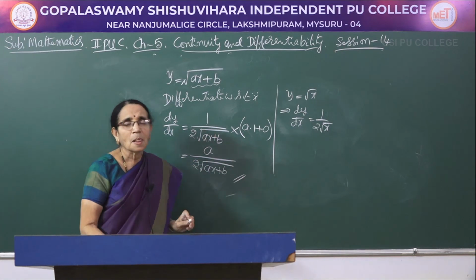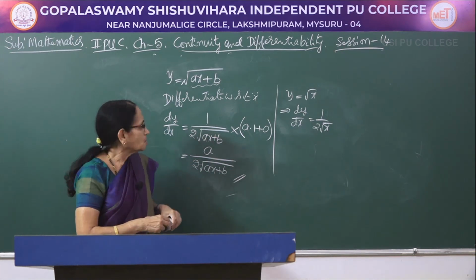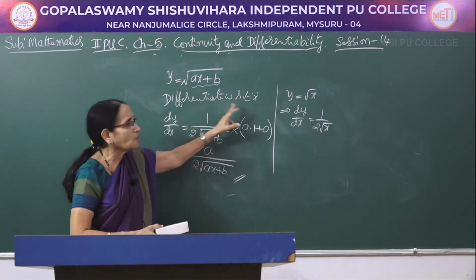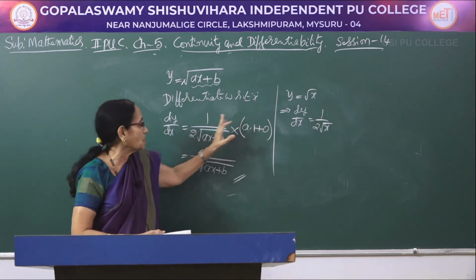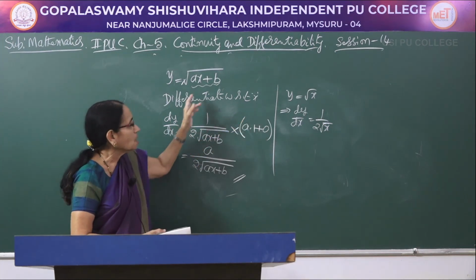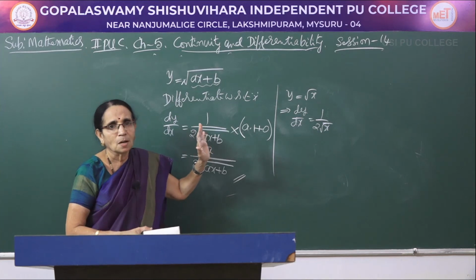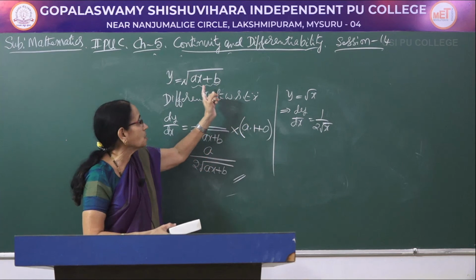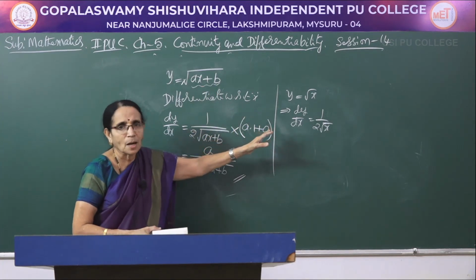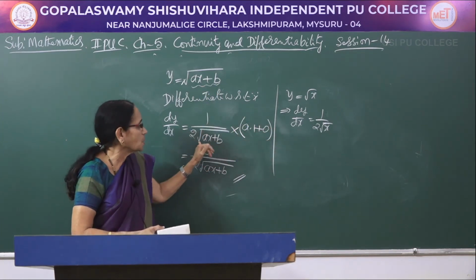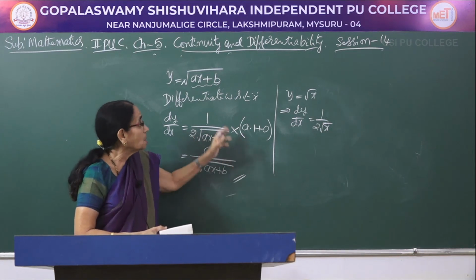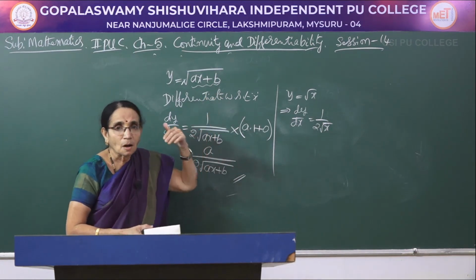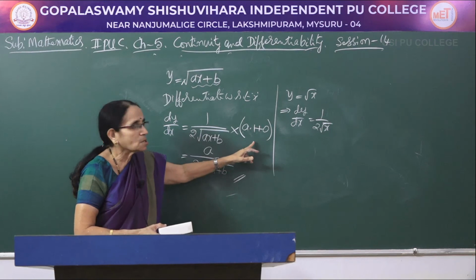I told you already, it's a 1 mark question. So, directly you can write, always write differentiate with respect to x, that is important. Then write dy by dx, apply the appropriate formula, whichever formula is suitable for that particular problem. Here we had the square root of x type. So, square root of x means 1 by 2 into root of x. But that function, the base, also has to be differentiated, which I have done here.